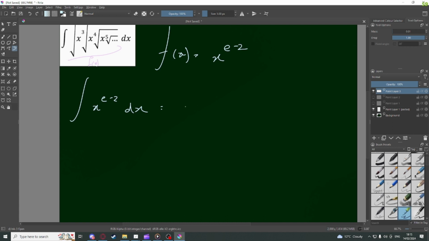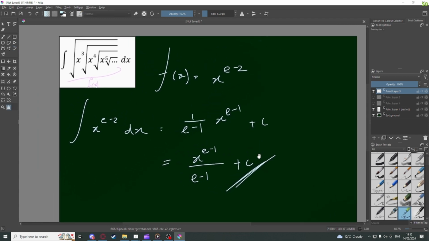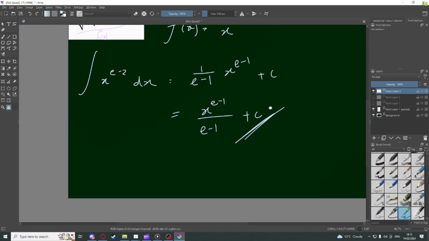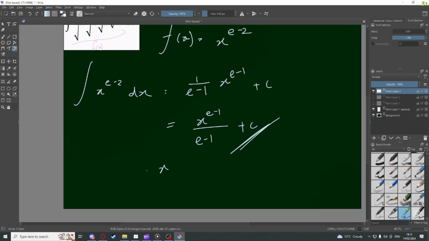As long as that is not minus 1, it becomes 1 over e minus 1 times x to the power of e minus 1, plus c. That is your answer, as opposed to what it was before. What was the answer before? I think it was x to the power of 5 over 5, plus c.